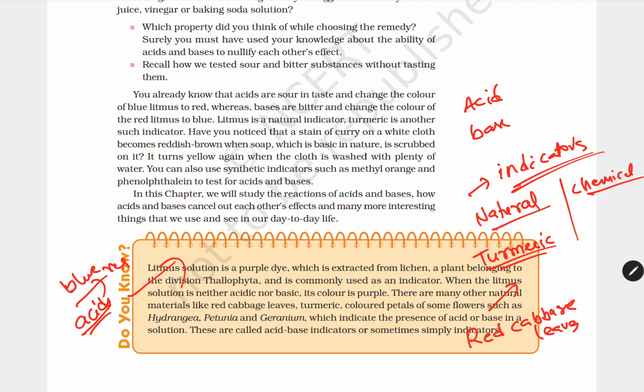It will be purple in the neutral condition. Synthetic indicators are also there. Phenolphthalein and methyl orange are used as synthetic indicators.